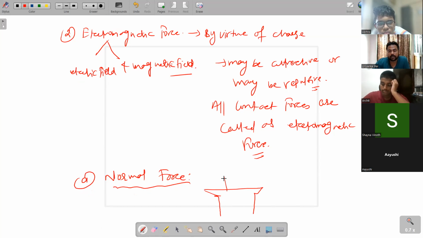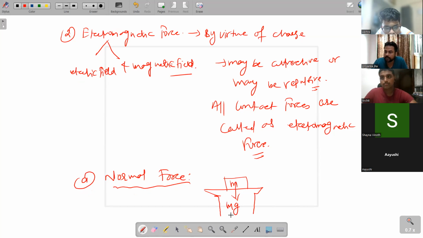And on this table, one block of mass m is kept. So now if I ask you what all forces are acting on this object, then you can say that one force will be mg, that is force due to gravity. Because of this force, this object will try to move down. So do you think this block will just penetrate this table and come down? No, no.